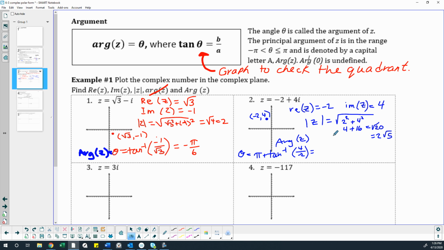Why did I leave it as a +2? Is that because tangent is odd? I'm trying to figure out why I did this. I don't know. I'm really confused all of a sudden. Okay, so for some reason the book, that's what they've done. I understand. Okay, so it would be pi plus, if we want the official answer, should I use an arctangent instead?